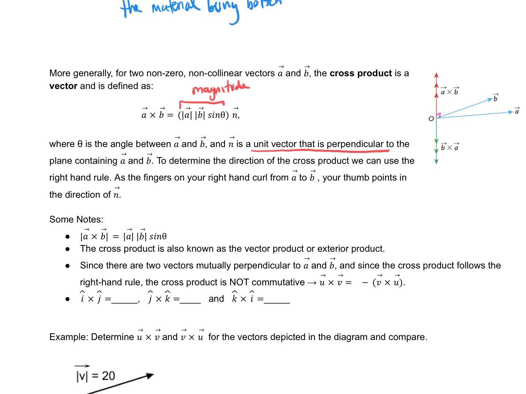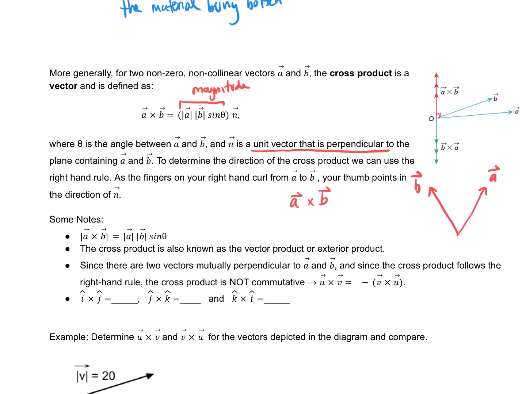Now, I'm going to put vectors A and B just on a flat surface, and you're going to use your right hand to try to follow along. Now, let's say my vector A is here, and my vector B is here. If I want to do vector A cross vector B, I want you to take your right hand, open palm, and put it where vector A is.